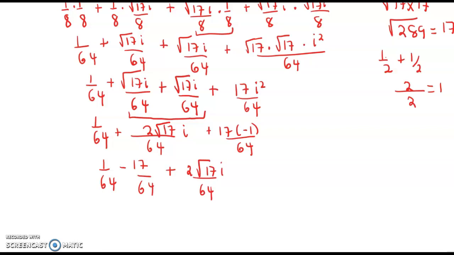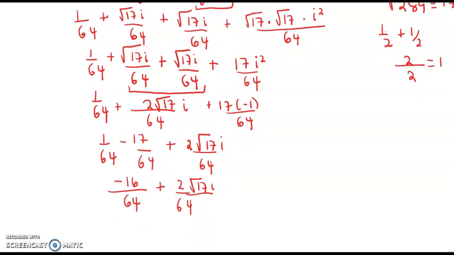Now if you have 1 over 64 minus 17 over 64, you're going to simplify this. You have a common base, which is 64, and 1 minus 17 is -16. Then you have your 2 over 64 square root of 17i. But this is not simplified, so we're going to keep on simplifying.